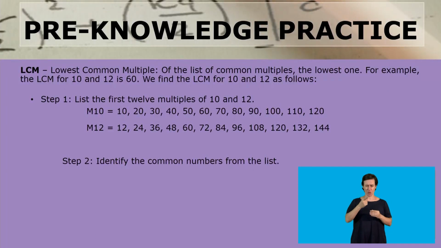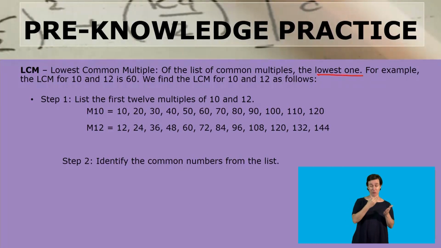Let's look at the lowest common multiple. So the lowest common multiple is that of the list of common multiples, we are looking for the lowest one. For example, the LCM for 10 and 12 is 60. We find the LCM for 10 and 12 as follows. So step 1, we're going to list the first 12 multiples of 10 and 12.